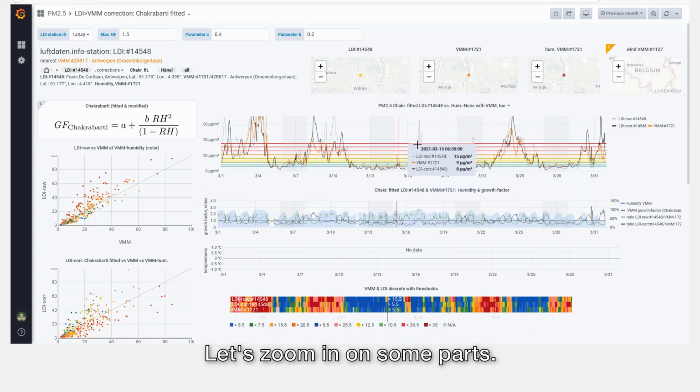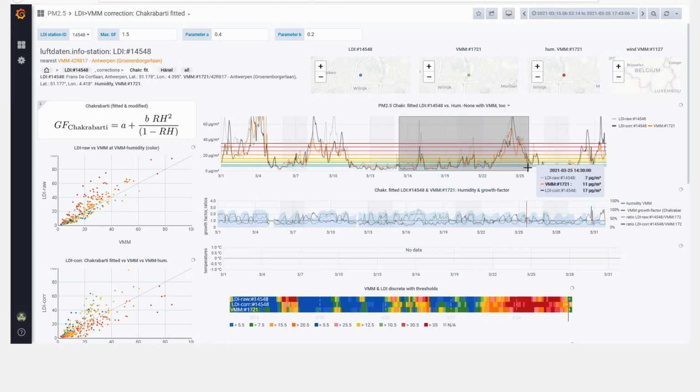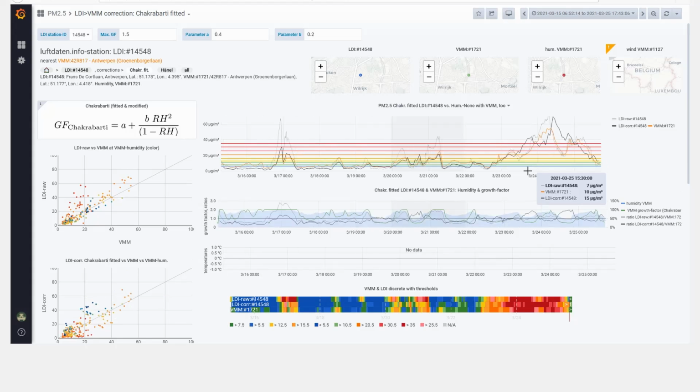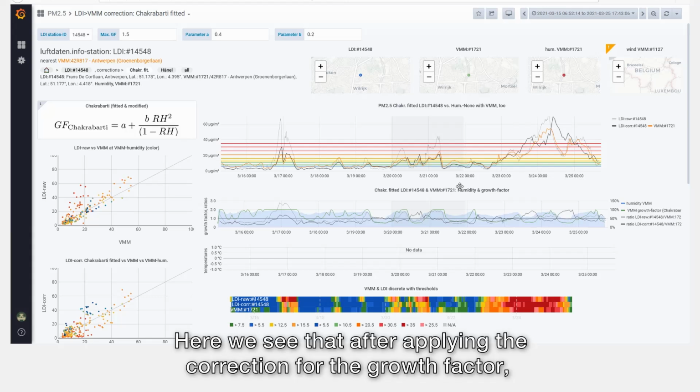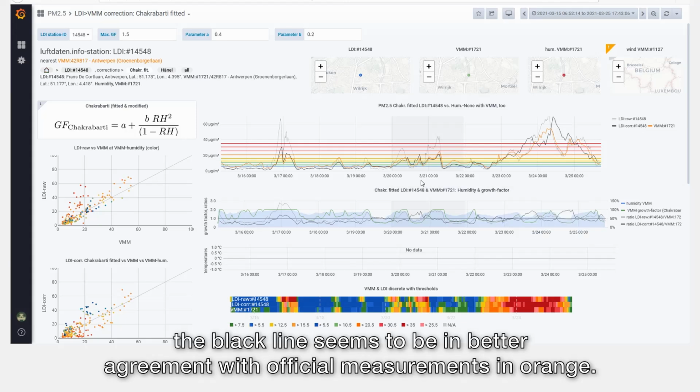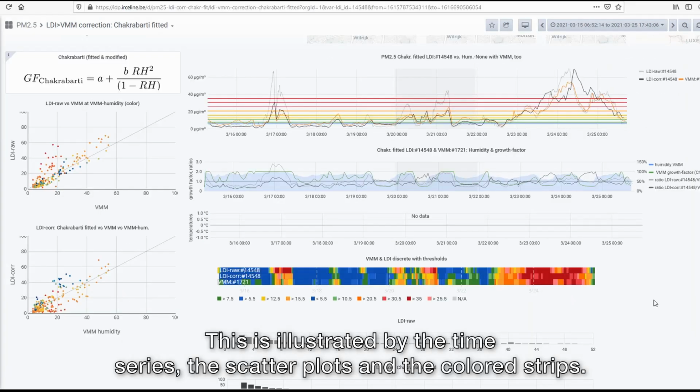Let's zoom in on some parts. Here we see that after applying the correction for the growth factor, the black line seems to be in better agreement with the official measurements in orange. This is illustrated by the time series, the scatter plots, and the colored strips.